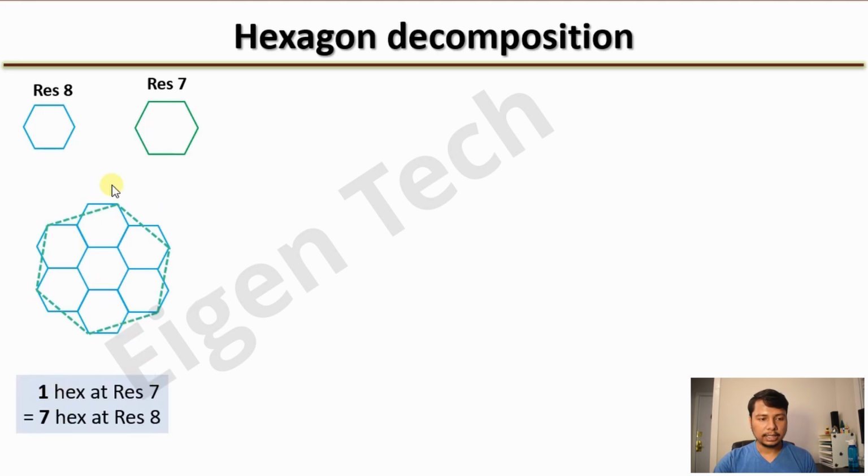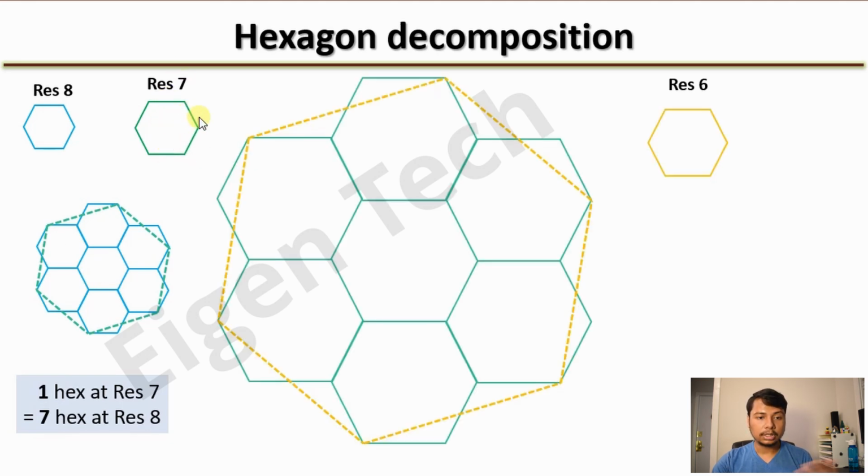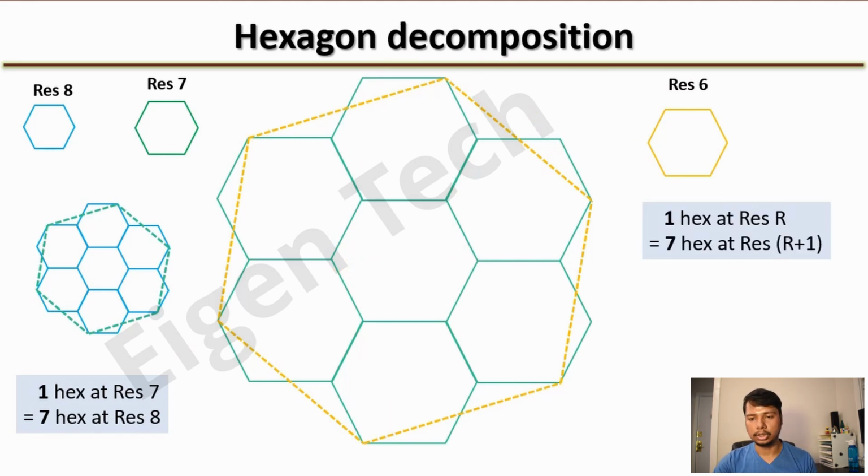In this case we will call resolution 7 the parent hex and resolution 8 the child hex. If you now consider 7 resolution 7 hexes, as shown by these green hexagons here, then the parent resolution 6 hexagon will look like this, and this is true for any resolution. So 1 hex at resolution R will be equal to 7 hexes at resolution R plus 1 in terms of area.